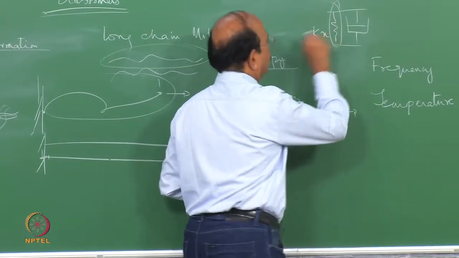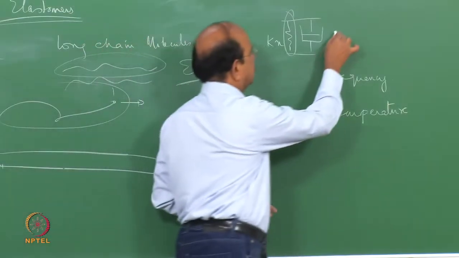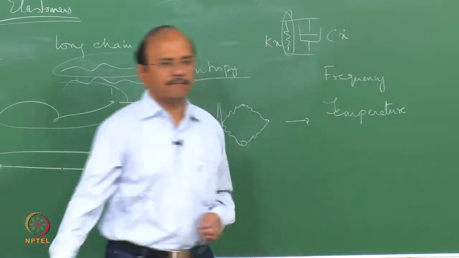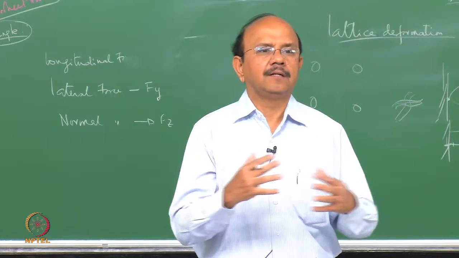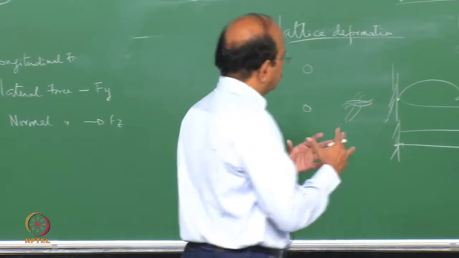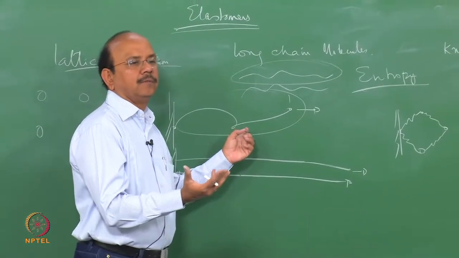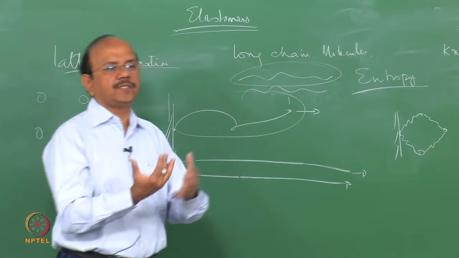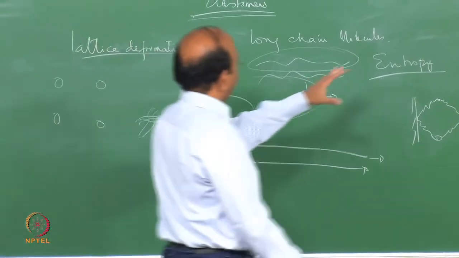The force here is, for example, in a very simple model, kx, where x is the displacement, and for a dashpot it is always c x dot. The forces that act are able to get back, or in other words, the whole rubber behaves like a spring.